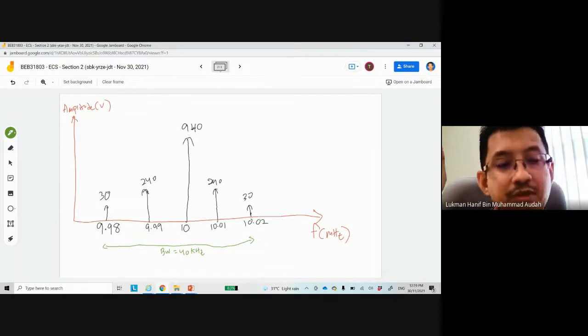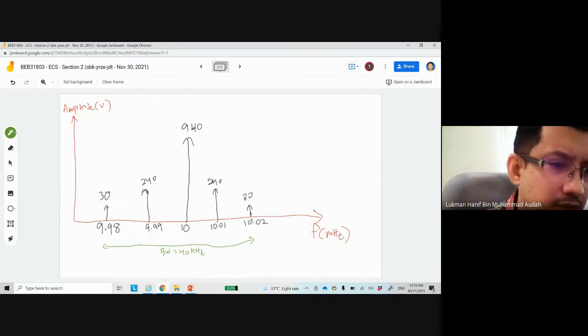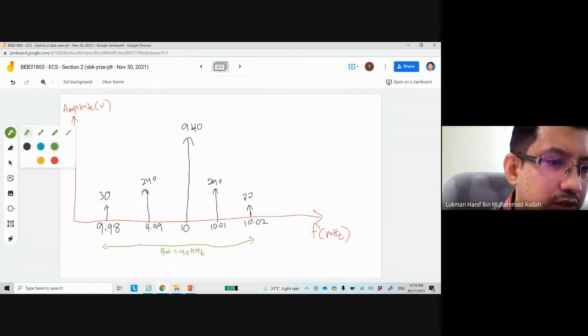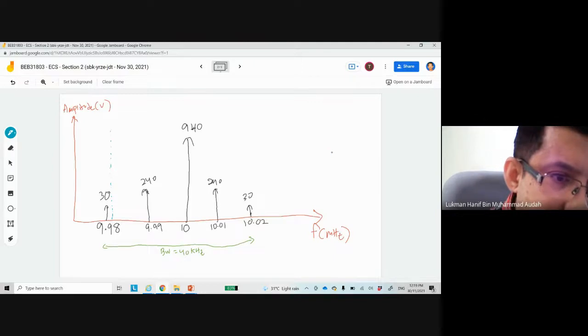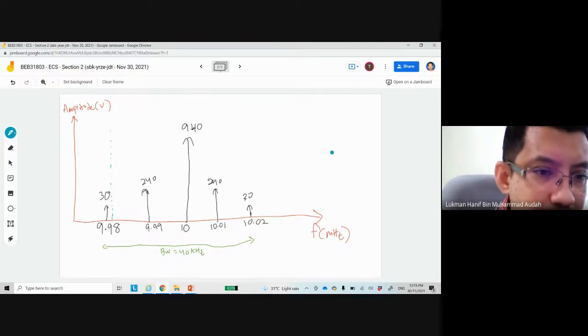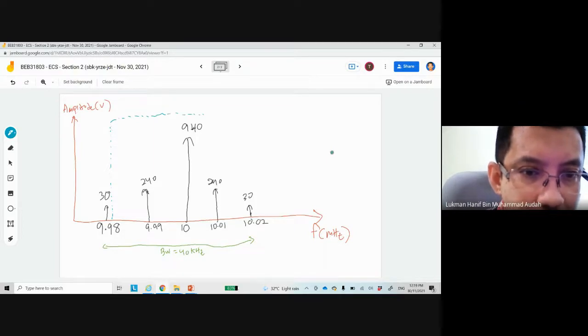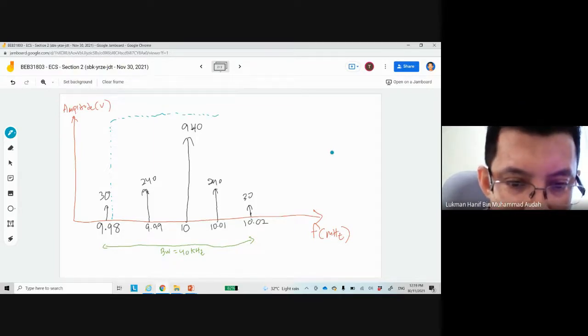Okay. And if we want to draw the 99%, okay, so 99% is, for example, somewhere over here. Saya buat garis putus-putus seperti ini ya. And it is somewhere over here.